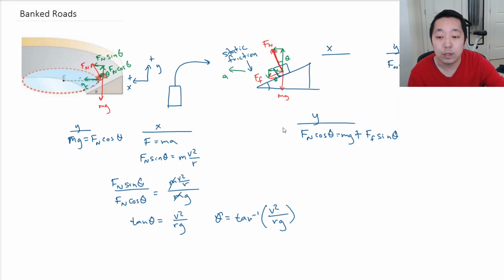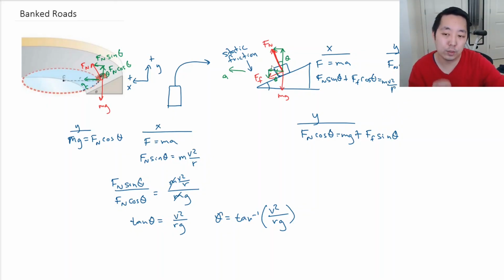Okay. Anyway, so that would be the setup, and then in the x direction, you would have the normal force, which would be Fn sine theta, like we did before, but you would have a little bit of friction, which would be force of friction cosine theta. And that equals mv squared over r. Okay, so that's the idea.